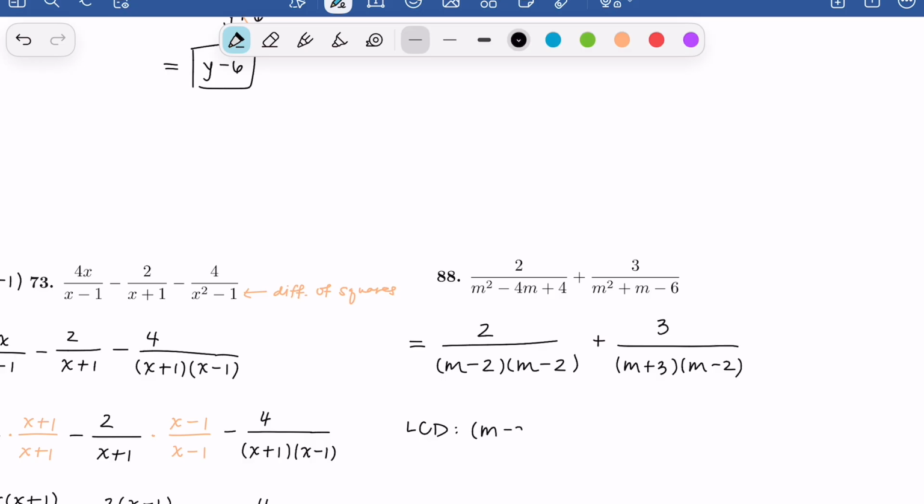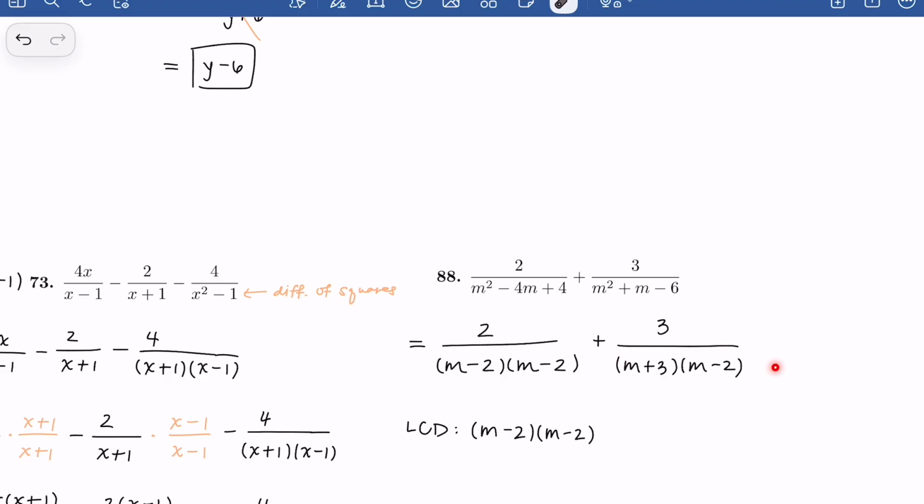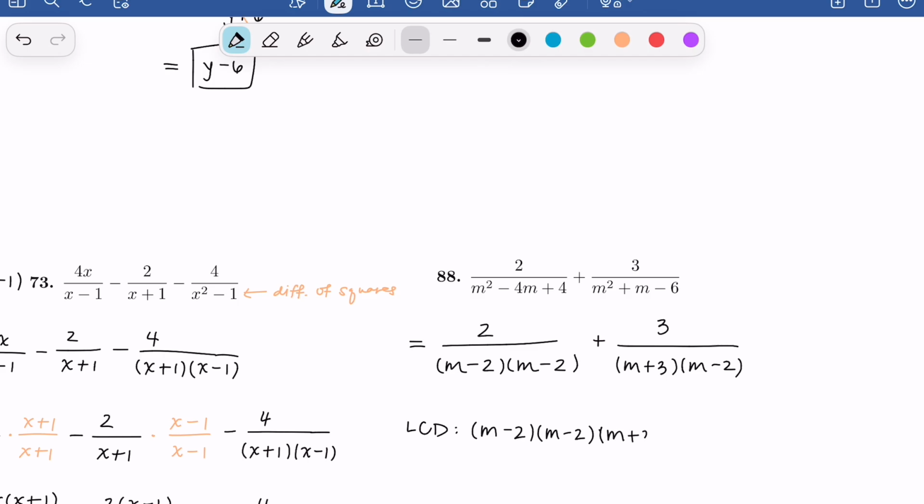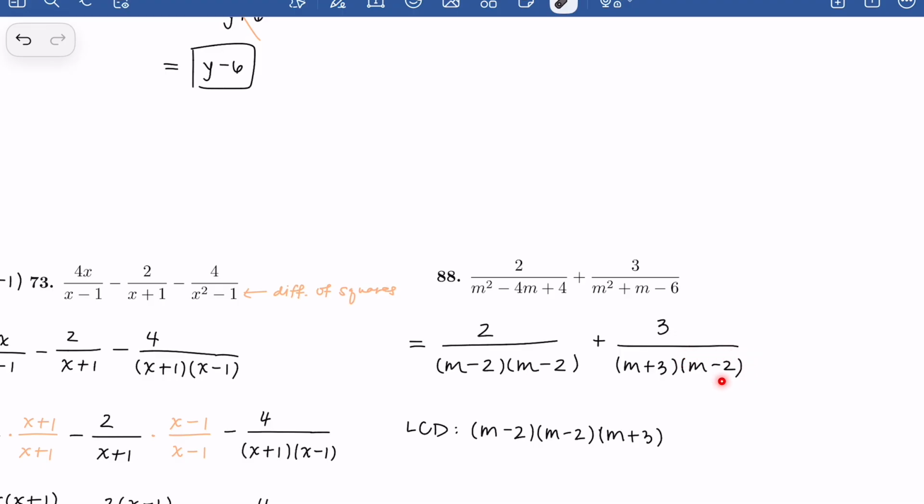So we know we're going to have m minus 2 twice. And looking at the second denominator here, we're also going to take this m plus 3. So again, just emphasizing that the LCD is going to be each factor raised to its greatest power. That's why we have two of these. The second denominator does have a factor of n minus 2, but we only have one of them. So that's why we take these guys.